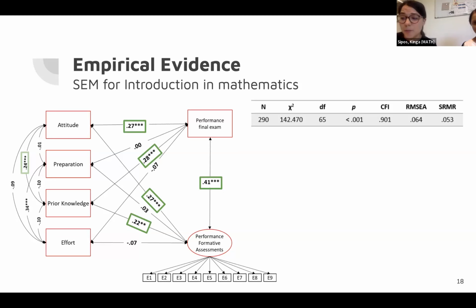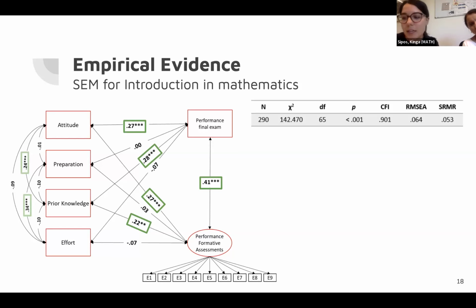How much students prepare and how much effort they put into the respective task, on the other hand, does not seem to be related to the performance whatsoever. Although preparation and effort are correlated, they do not show any relationship with performance when considered in isolation. These findings might come as a bit of a surprise, since one would naturally assume that the level of effort and preparation would significantly influence the performance.